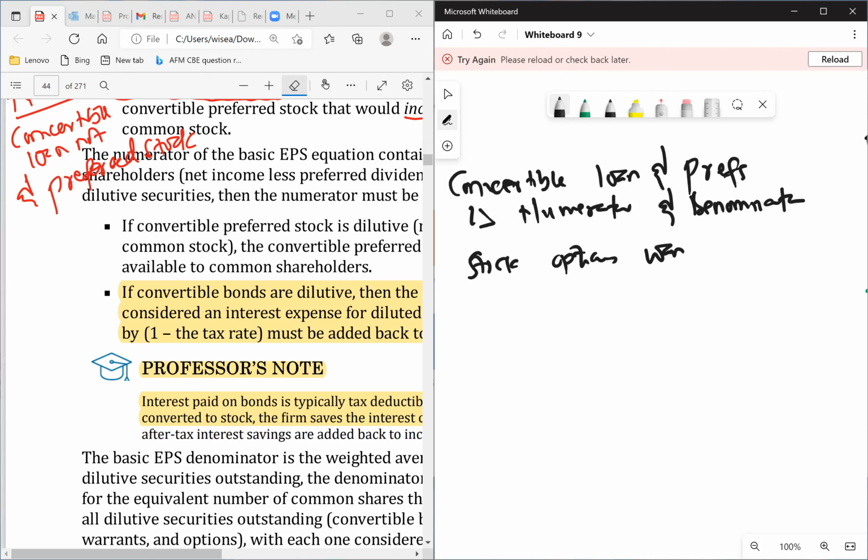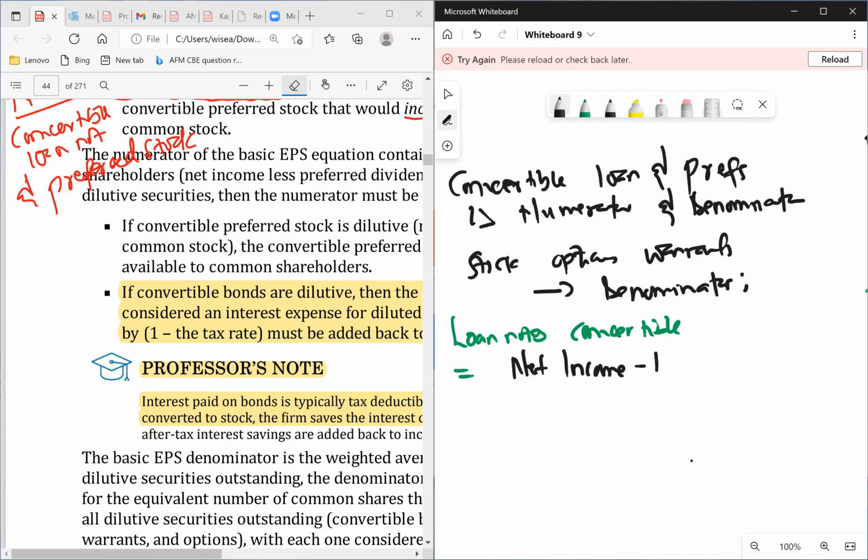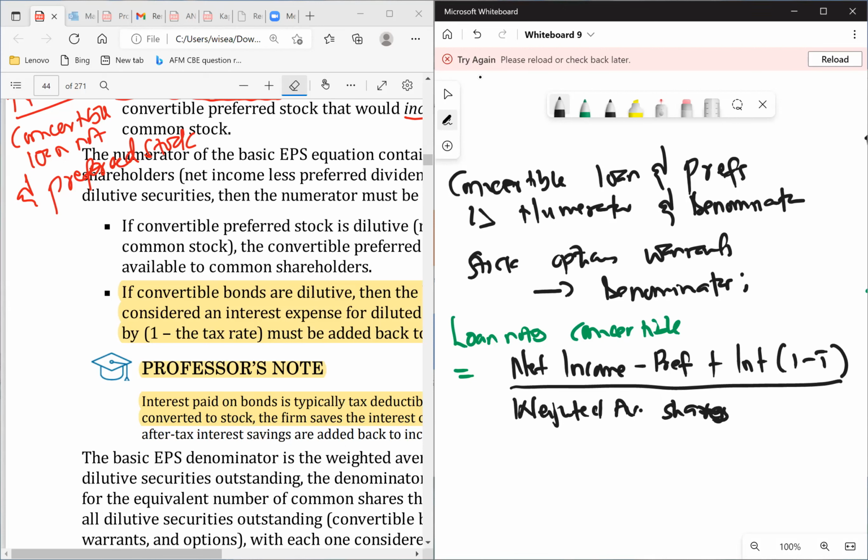So for convertible loan notes, it will become net income less pref dividend if there is any, for the non-convertible pref, plus after-tax interest, all divided by the weighted average number of shares, which will include the original shares plus the number of shares that each of the loan notes is convertible into.